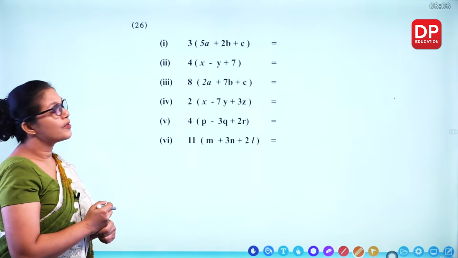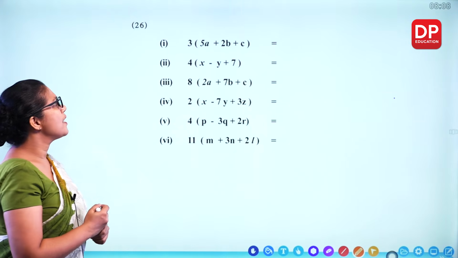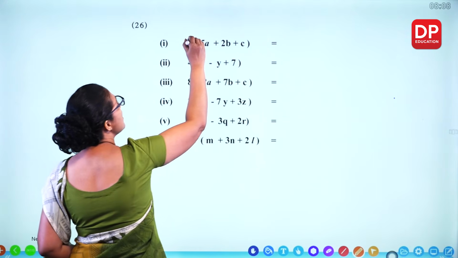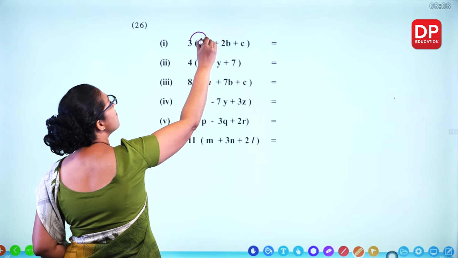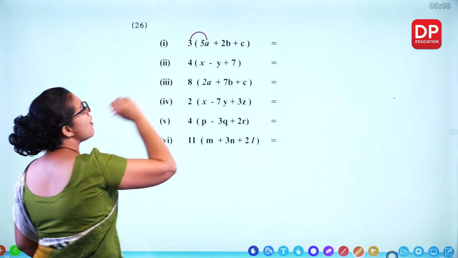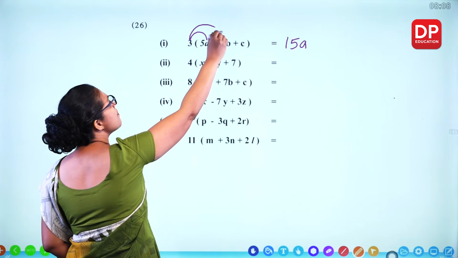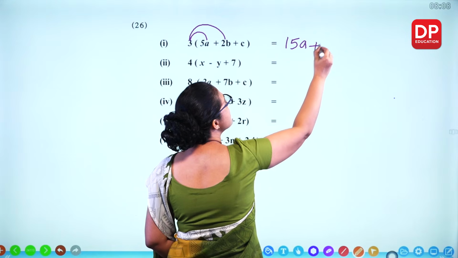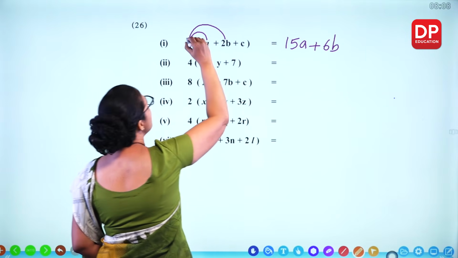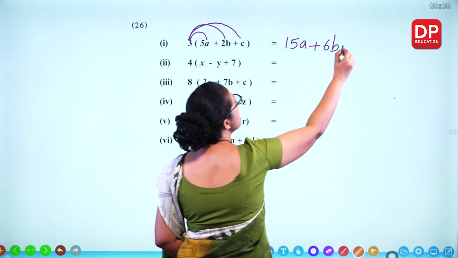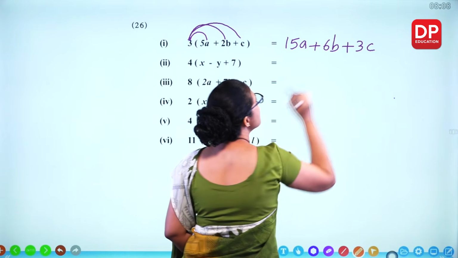Now look at this one, you get 3 terms, but same thing, you have to multiply each and every term by the outside number. This one, 3 times 5a, 15a. 3 times 2b, 6b. 3 times c, plus 3c.